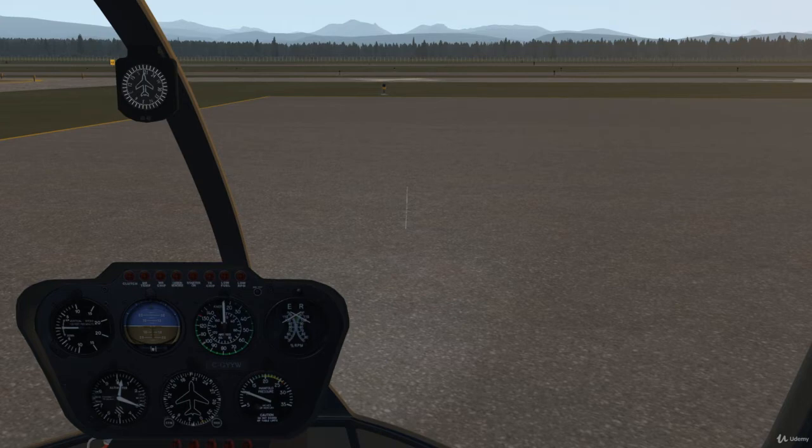But if this happens in a hover, so most probably you're above an area where you just departed or you're about to land, so a suitable area, then normally it's better to simply do an auto rotation. So you do an auto rotation out of the hover, so it's like an engine failure during hover.